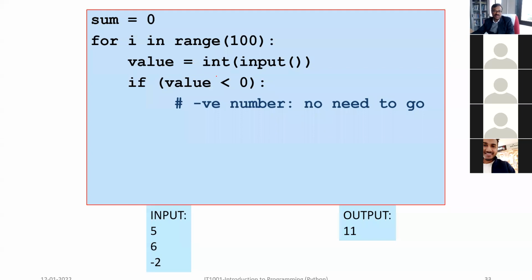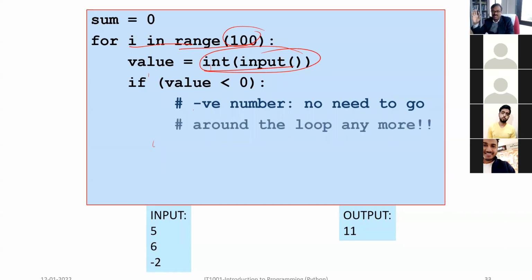So the outer loop, this loop that you are using, is only one loop. For I in range of 100, you are taking input. In principle, you are looking for 100 inputs, and you want to, let's say, sum them or perform some operation. But as soon as you get a negative number, the program suggests that you should break, because there is no need to sum further, right?